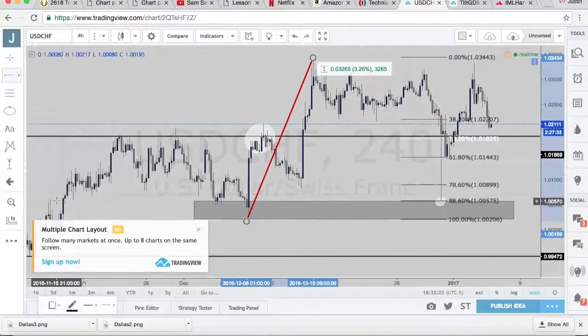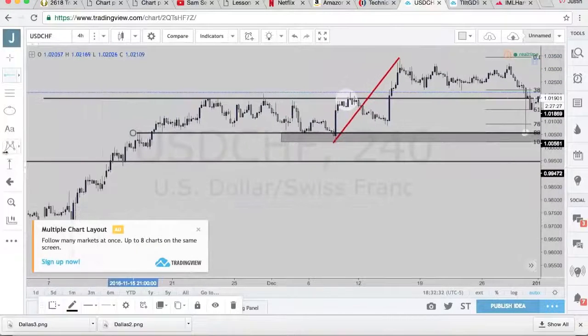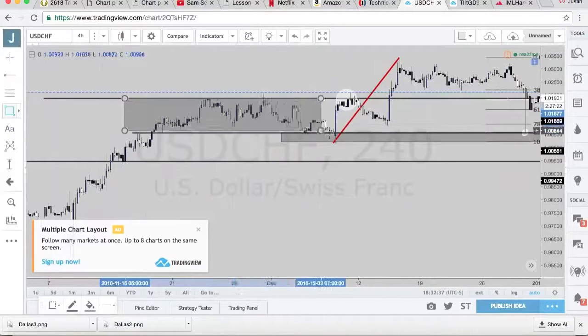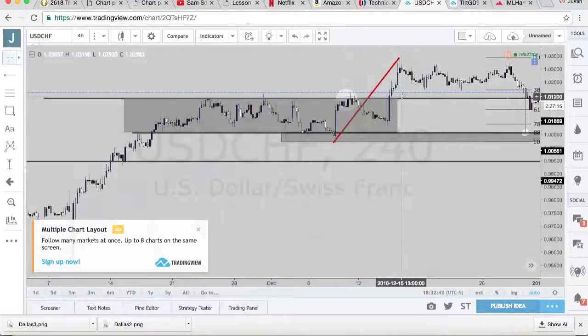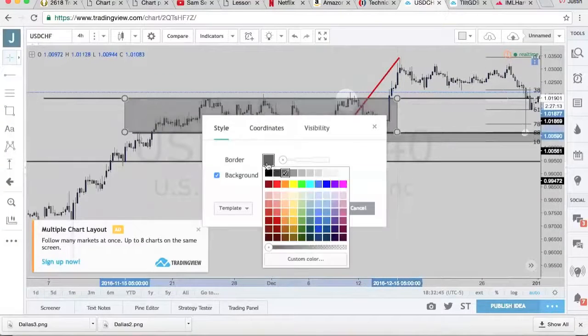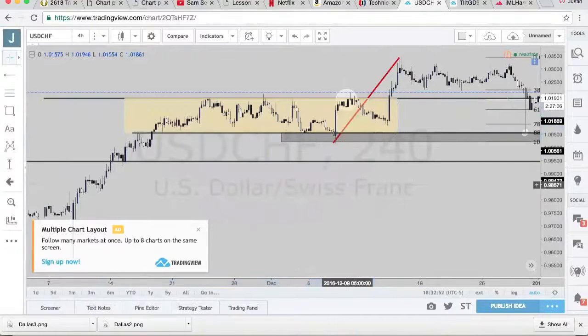So here you can actually see that this level actually acted as support. You see this consolidation range. I'm going to show you guys right here. This whole time this trade was consolidating here. Actually, I'm going to do this a different color. Okay, so this whole time, this is the consolidation range right here.